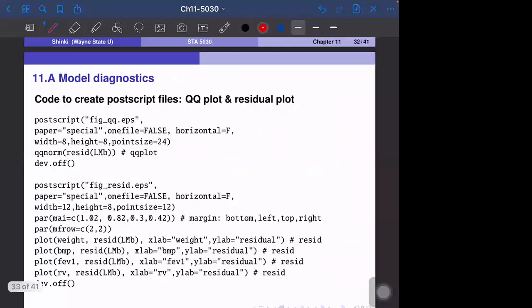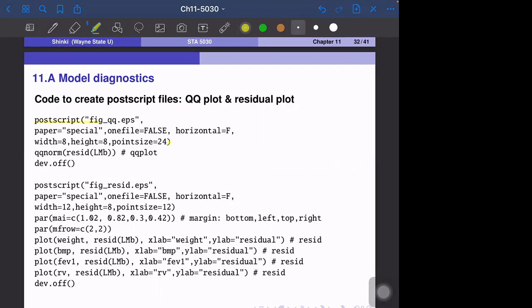Yeah, and this is the code for the previous figure. So if you want to save the plot in a PostScript file or some other format, such as JPEG or BMP, then you can use the PostScript function.